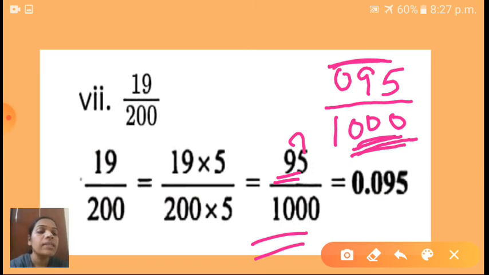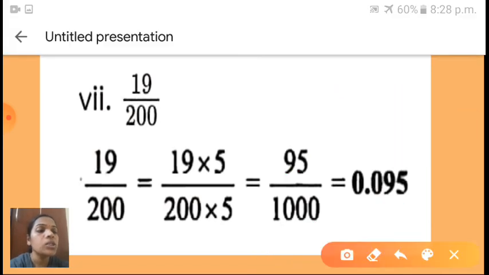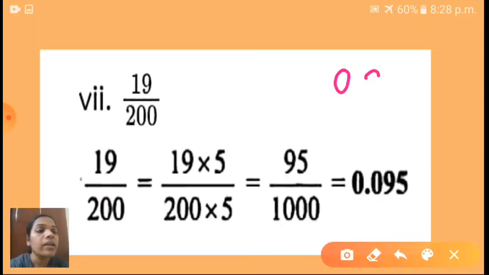So it is not necessary to write this step. Okay children, that's why I have written the answer directly here. Here 3 zeros, so here 3 digits. So 0, 9, 5 upon 1000.